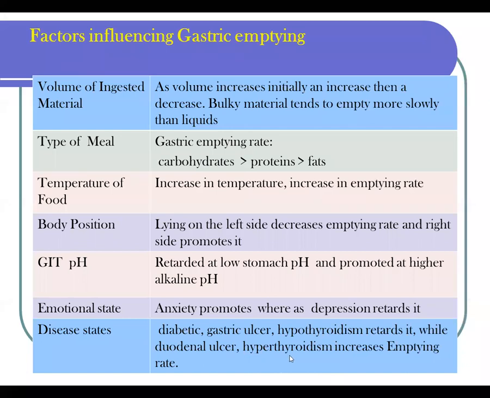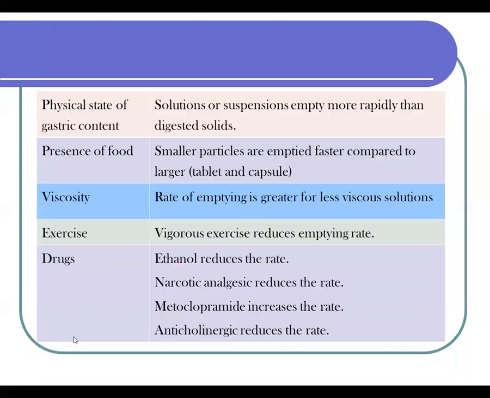In hyperthyroidism, the metabolic activity is high. Maybe this is one of the reasons, I'm not telling this is the only reason. Maybe the emptying time will be so fast that the person always feels very hungry in hyperthyroidism. The metabolic process is high, and also the digested food, everything is pushed out quickly out of the stomach. So hypothyroidism is quite opposite. Okay, so disease state also matters.